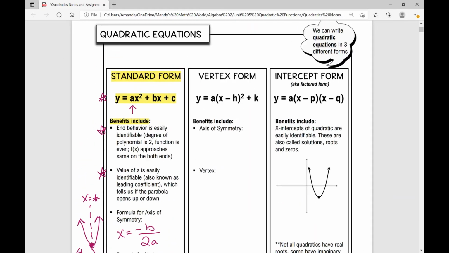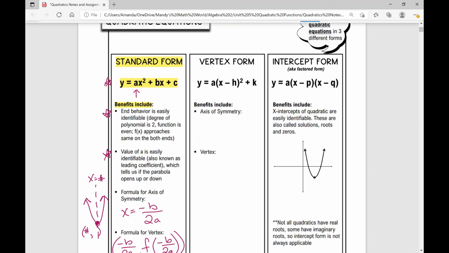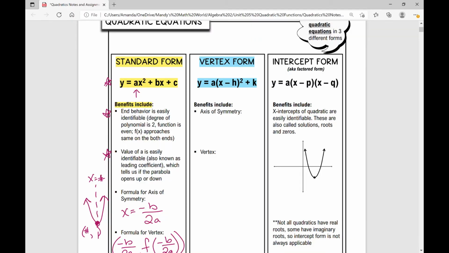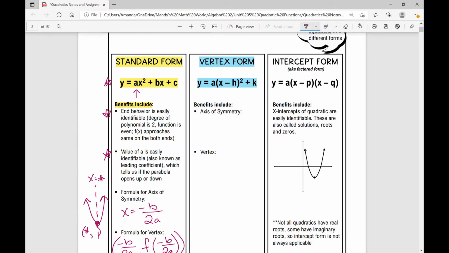Let's move on to the next equation, vertex form. So what is a vertex, right? The vertex is the highest or lowest point of your quadratic. Here's the formula: y equals a times x minus h squared plus k. Benefits include your axis of symmetry.